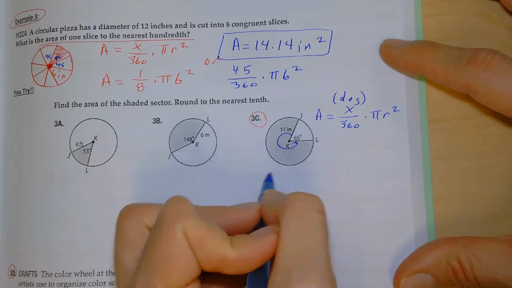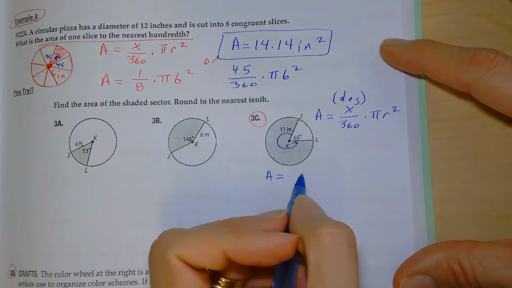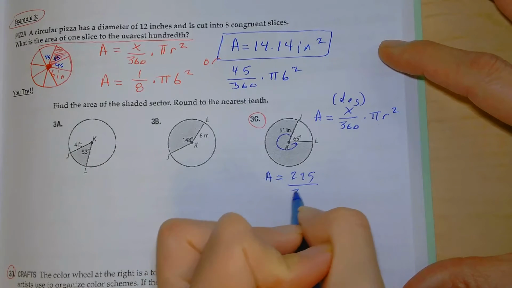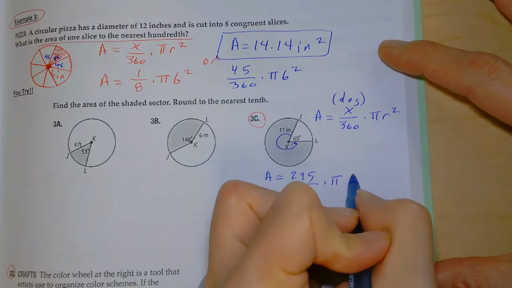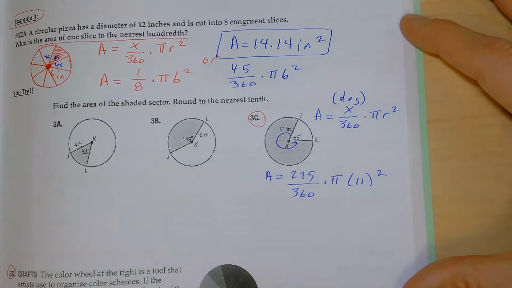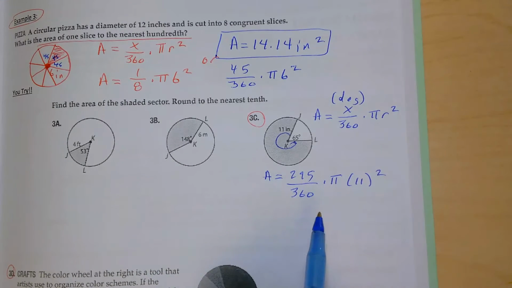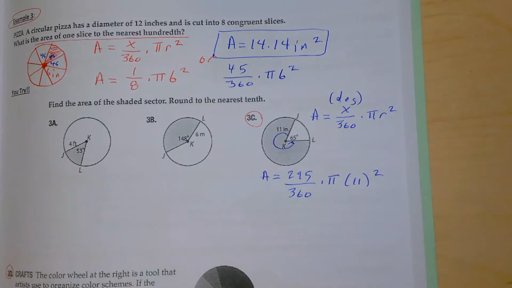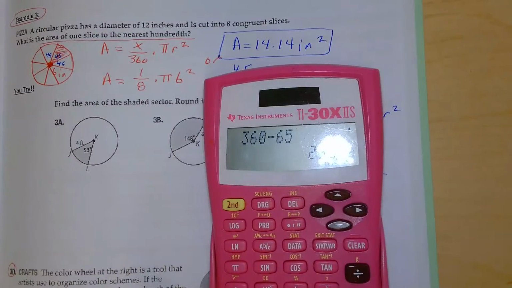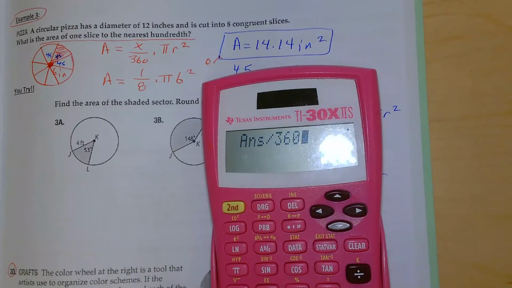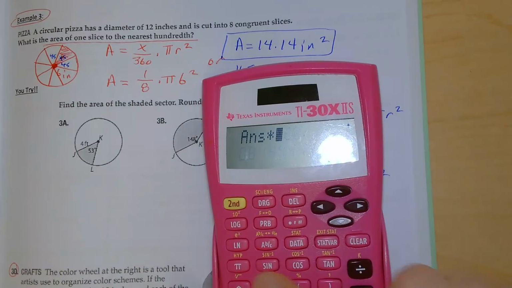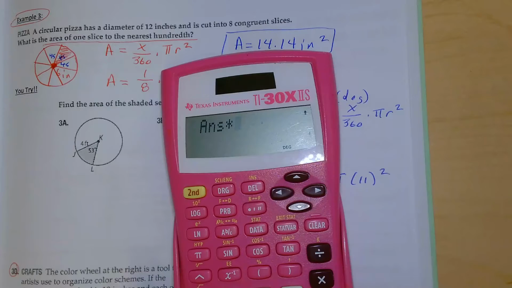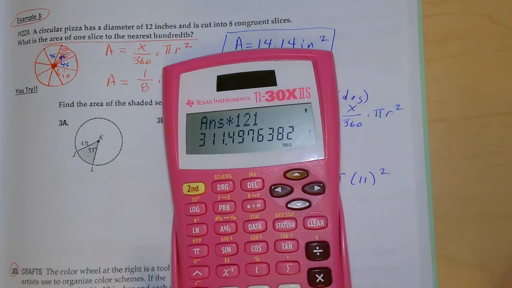Okay, so you're going to say that the area is, you ate 295 out of 360 times pi 11 squared. When you type this in, it's just like arc length, only it's going to give you the area of the pizza that you ate, which is more fun than walking around the outside of the circle. 295 divided by 360 times pi, and you can do it individually or all together, times 11 squared is 121, so I'll just type it in that way.